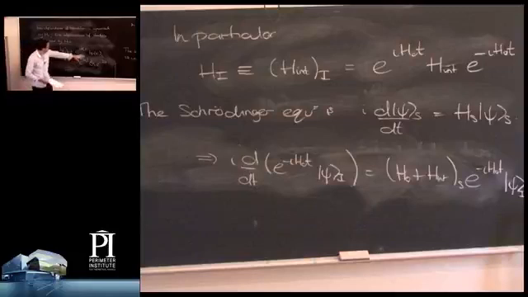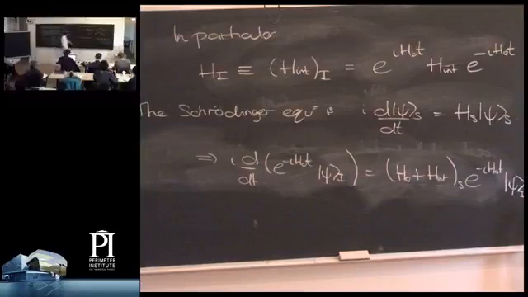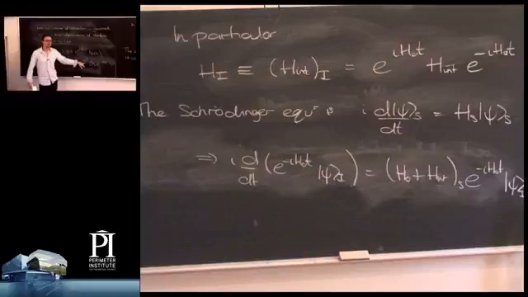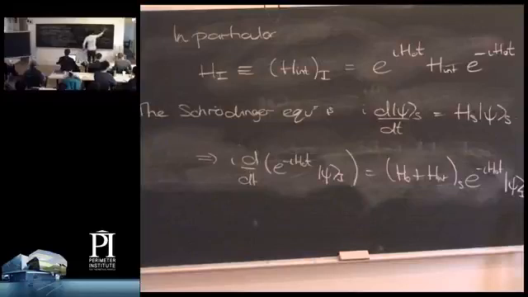Okay, so if we're going from the Schrödinger picture to the interaction picture, it's like we go to the Heisenberg picture, except we just put in the H zeros there. We don't include the H int, the extra term. So this is familiar.